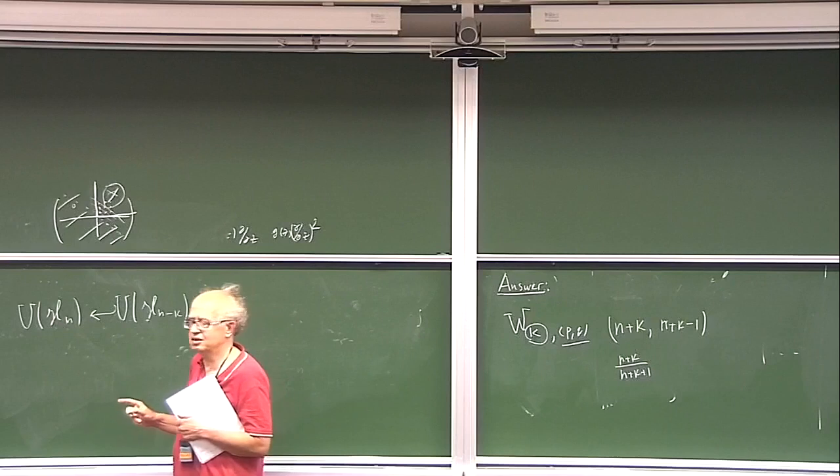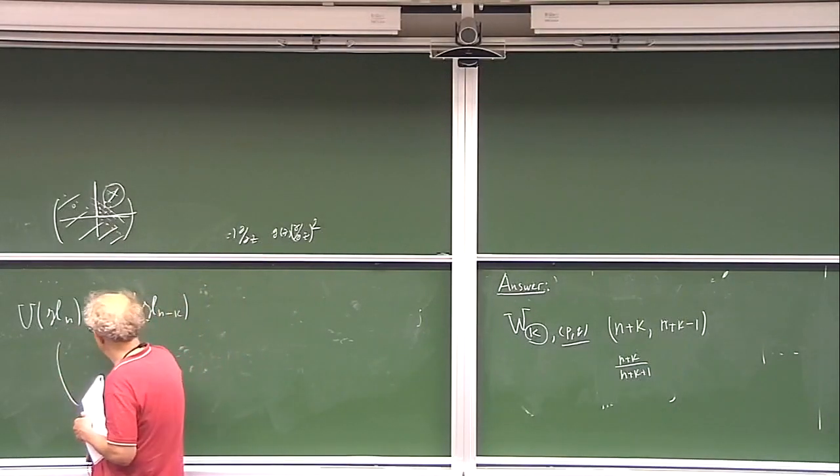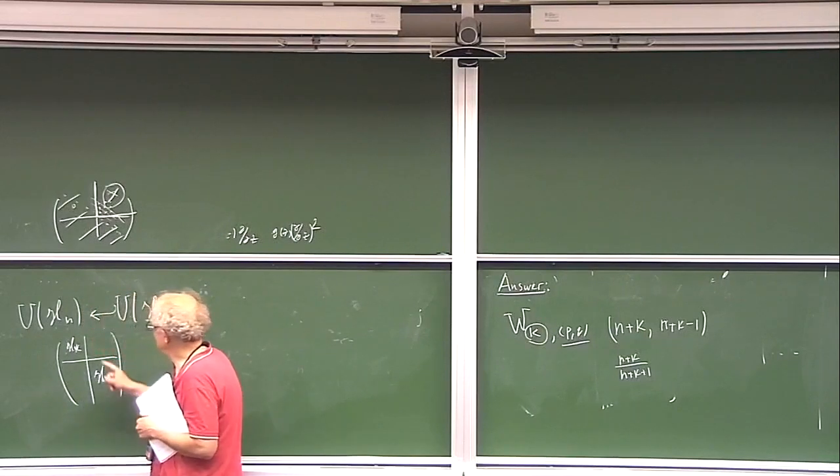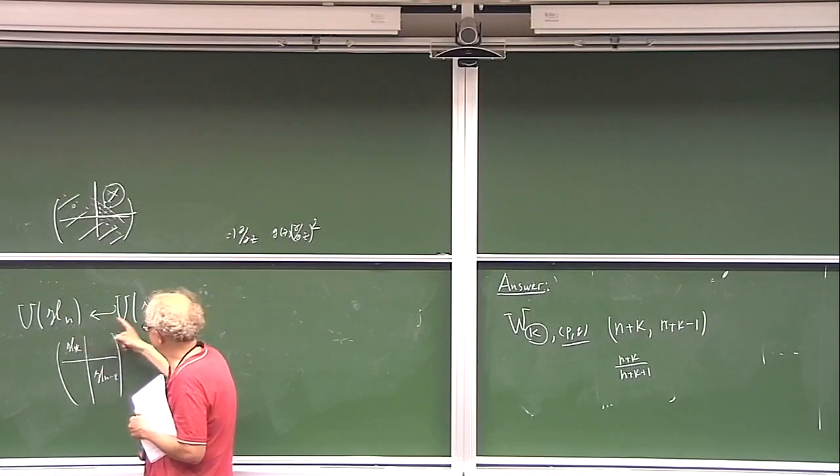And what is the answer? Here we have gl_K, here gl_{N-K}, and what part commutes?